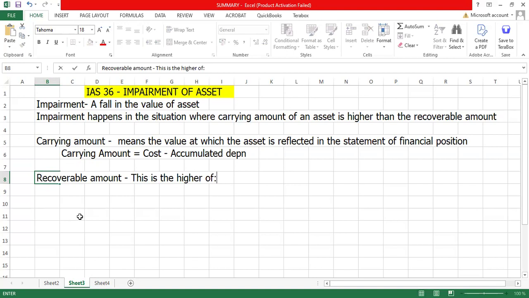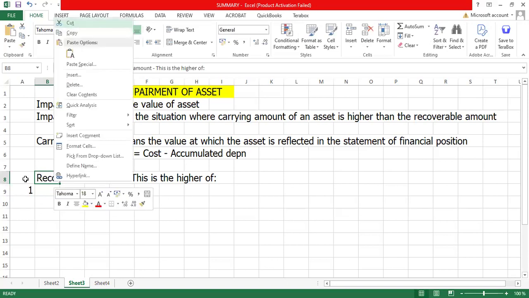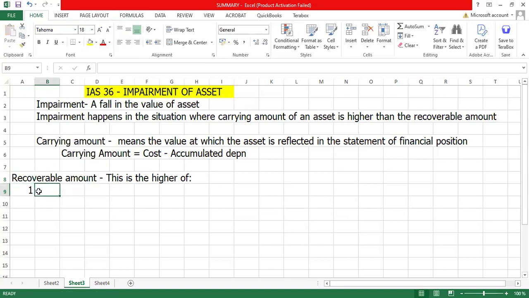Number one, you look at the fair value less costs to sell: the price to be received on the sale of the asset less any cost to sell that asset.